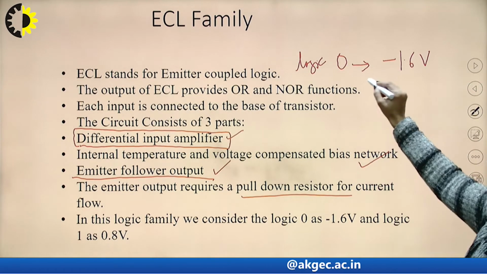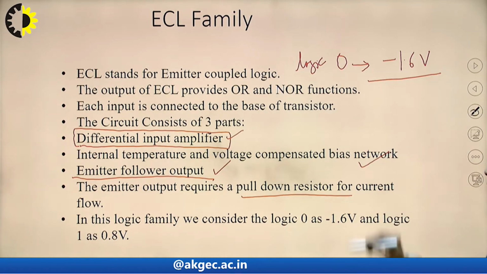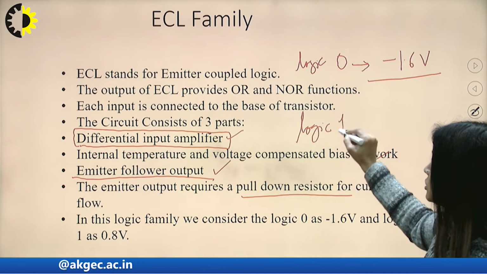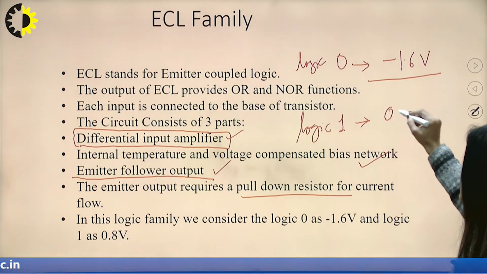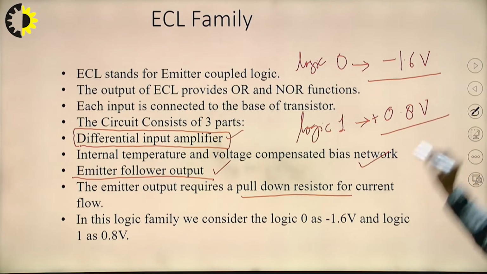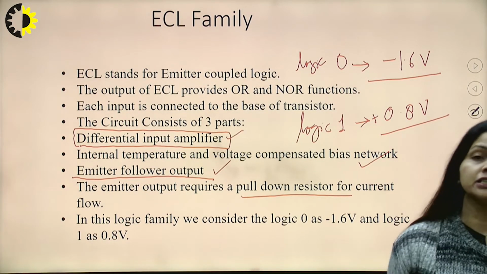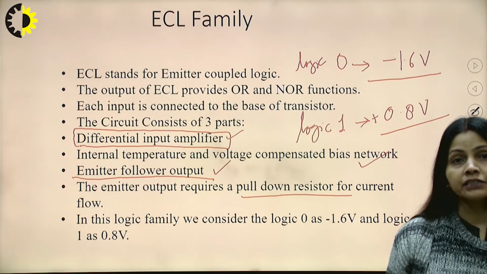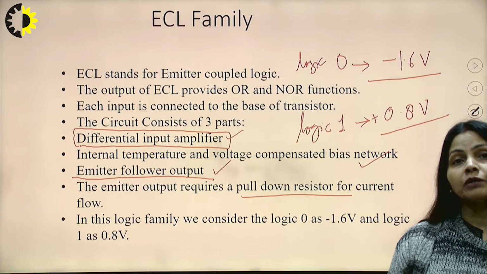This is a major important part which we need to remember all the time. And if I talk of logic 1, then it will be minus 0.8 volt. So you can see this is not like logic 1 for plus 5 volt and more voltages above plus 5 volt; the logic 1 starts from minus 0.8 volts and the logic 0 is minus 1.6 volts.